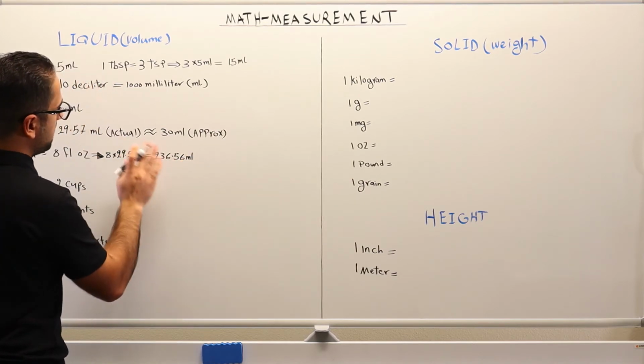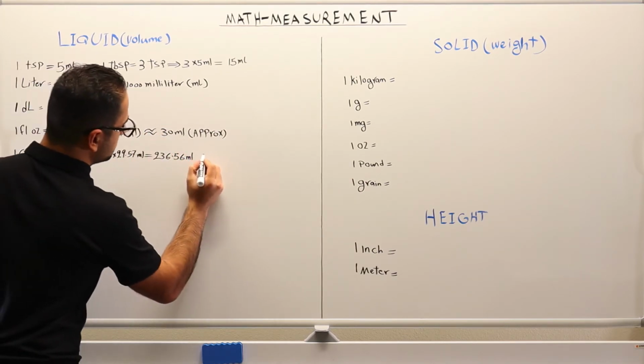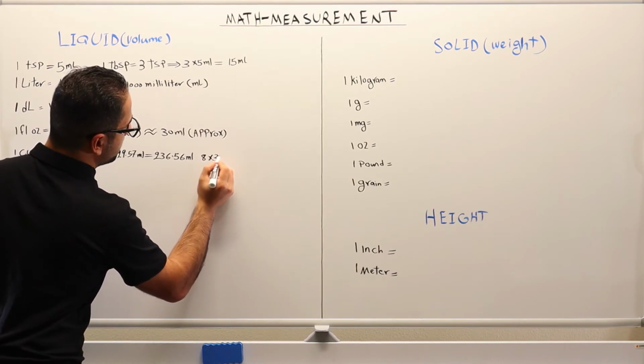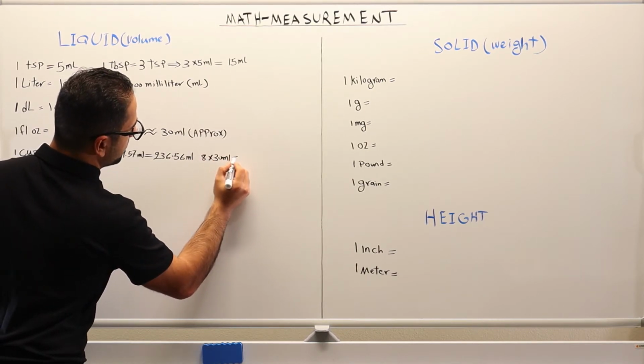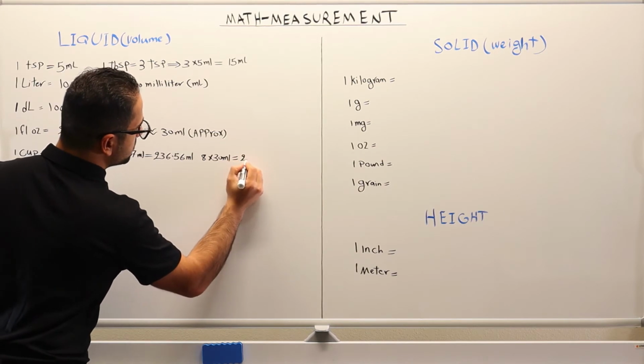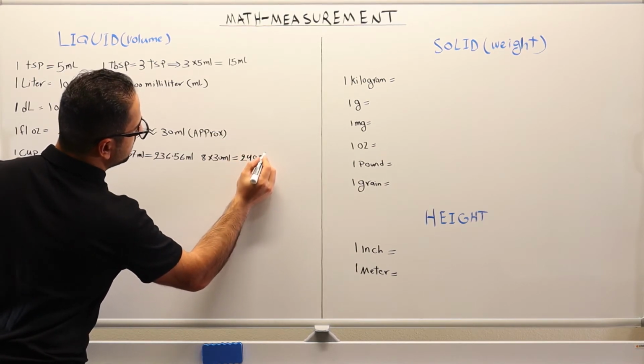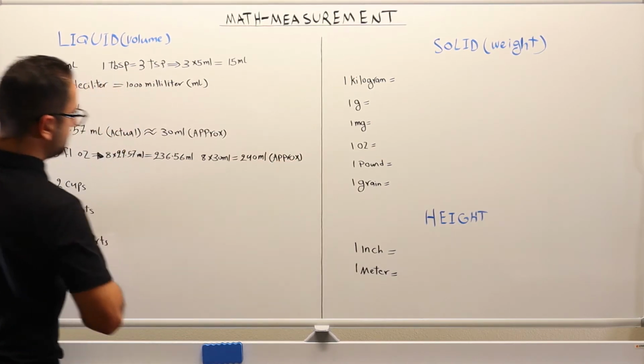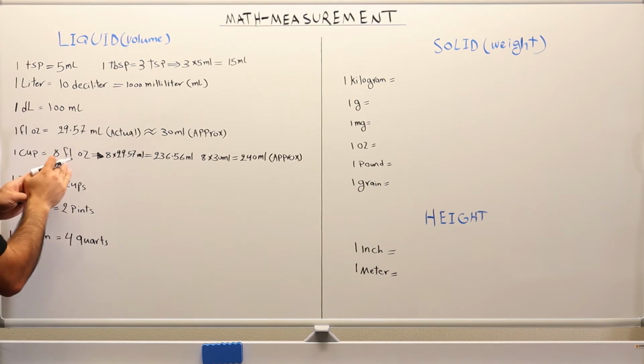And if we multiply 8 fluid ounces by 30 milliliters, we should get 240 milliliters, and this is the approximate. So now we know what 1 cup is.